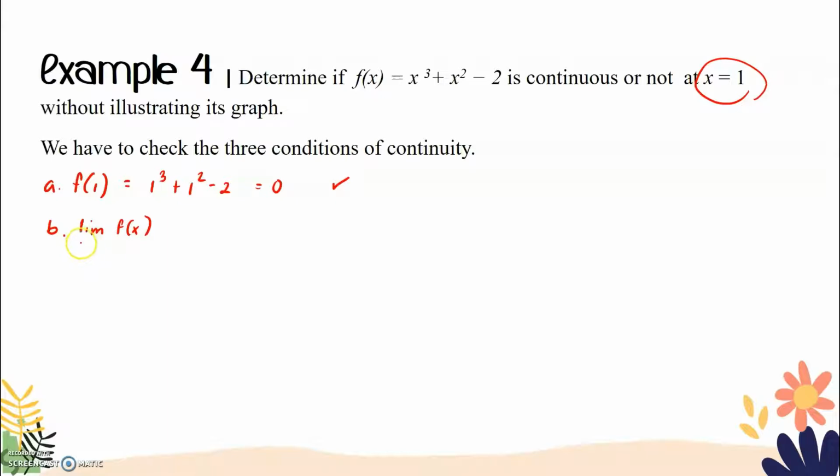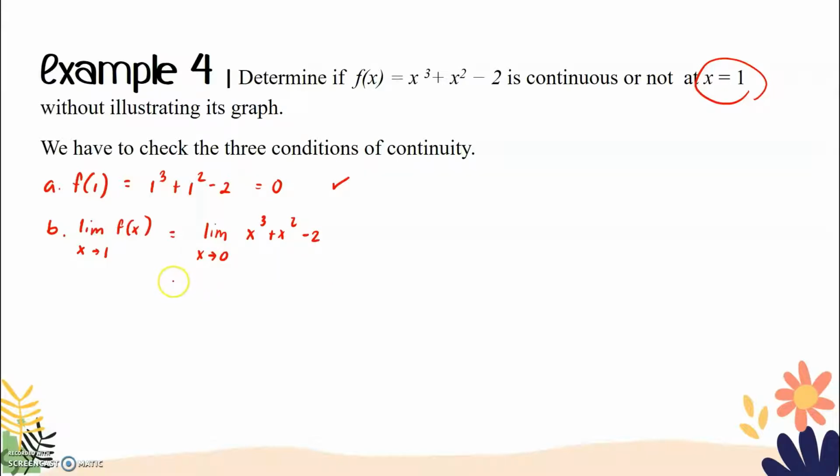Now here our x is 1, so the limit of f of x as x approaches 1 should exist. Here we have the limit of x cubed plus x squared minus 2 as x approaches 1.